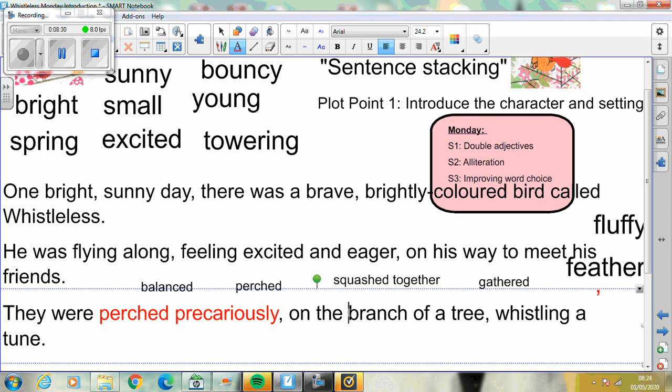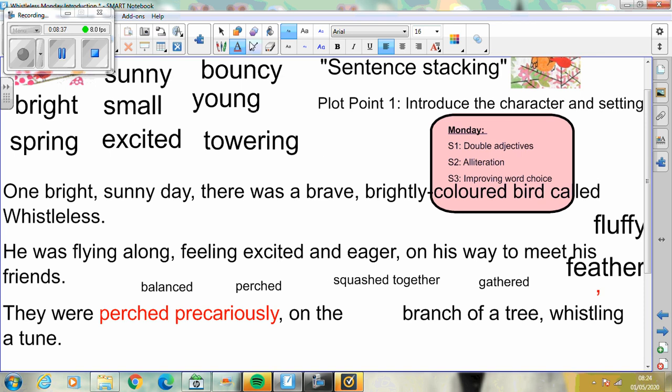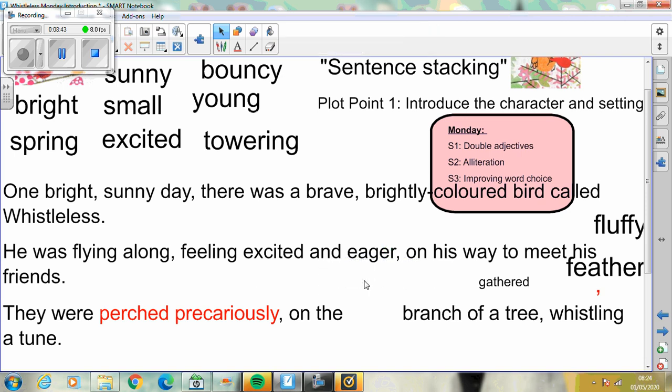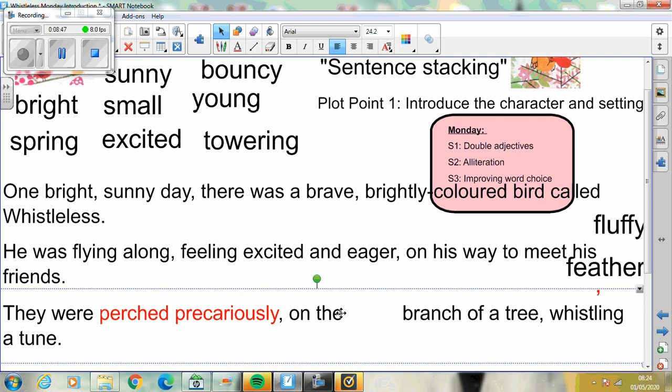And I want to know more about this branch. So let's think now. How could we describe the branch? I'm going to get rid of these words because my page is looking a little busy now. So I'm picturing this branch in my head.